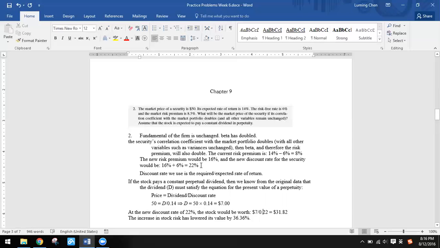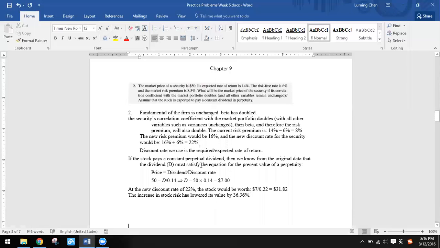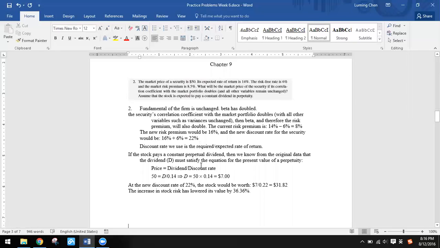If the stock pays a constant perpetual dividend, then we know from the original data that if the price is $50, we can calculate the constant dividend. And the discount rate is the expected return, 14%. So the dividend as a perpetuity is $7 per year.